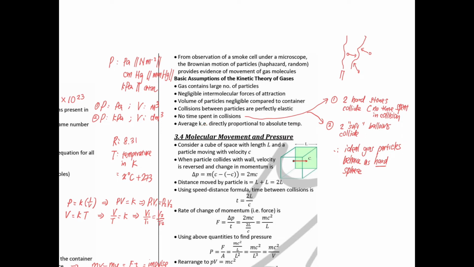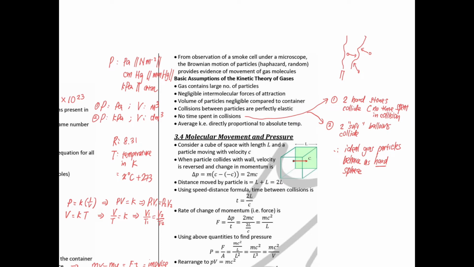Okay, so you have to memorize all these assumptions, and they will ask you to write a few sometimes, maybe 2 or 3. So you have to just remember at least 2, 3 assumptions here. The best is remember all.